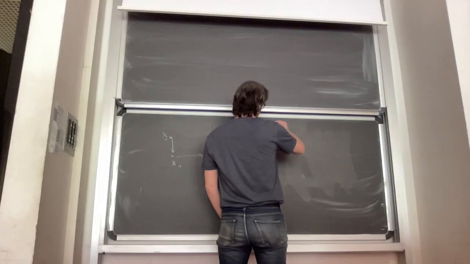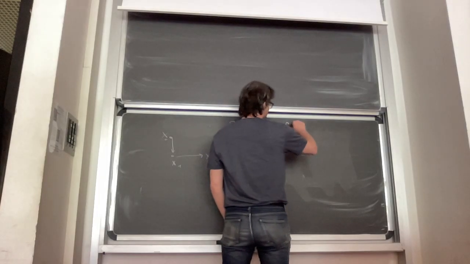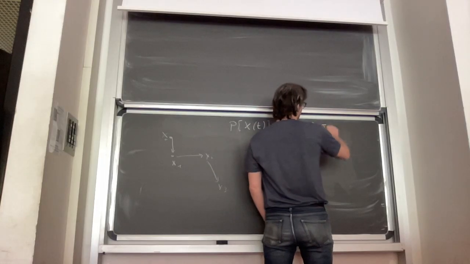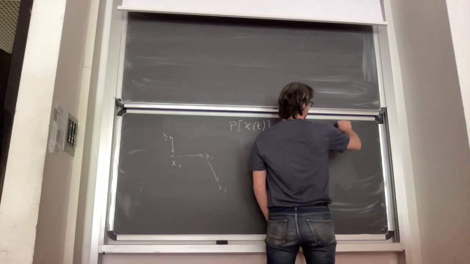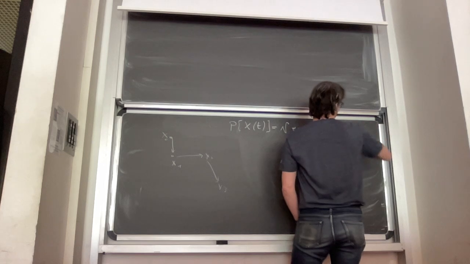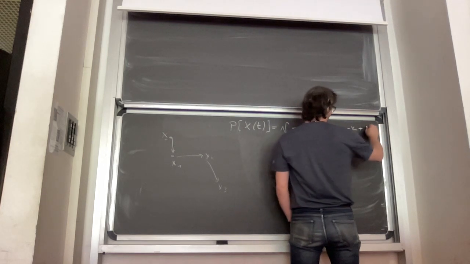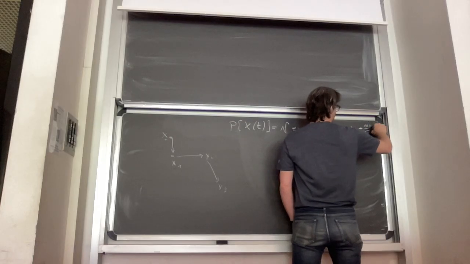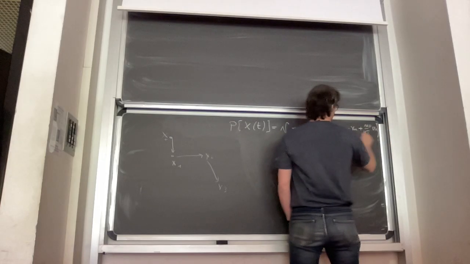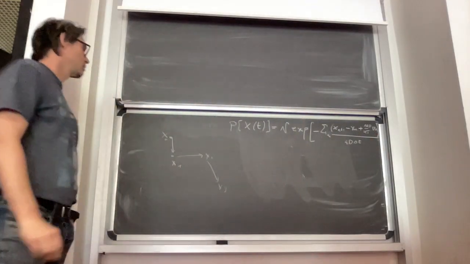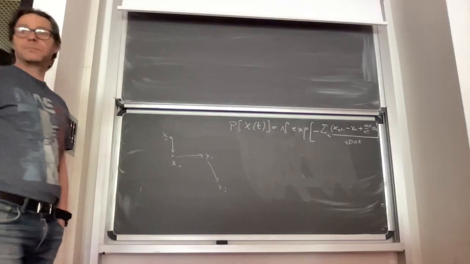And the probability of this path is, up to some normalization, the exponent of negative the sum over k of x_{k+1} minus x_k plus, we call it delta t D over kT grad U_k, squared, divided by 4 D delta t. Remember?